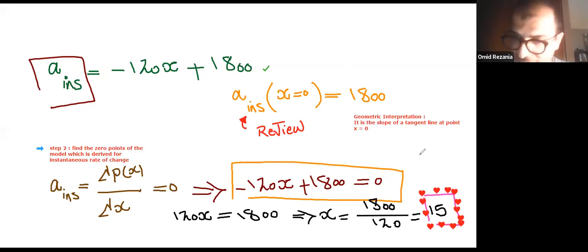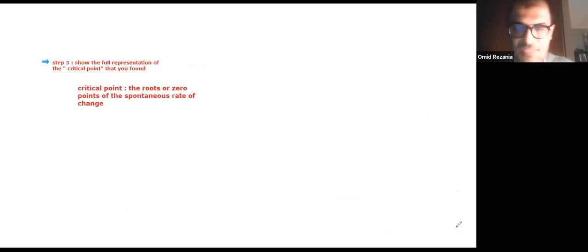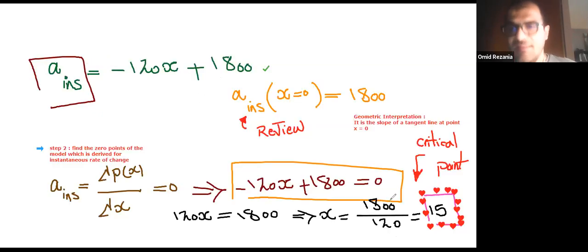This point that we draw, it's 15, which we call the critical point. What is a critical point? The critical point essentially is a point that is a root of your instantaneous rate of change and makes the instantaneous rate of change 0. That's the x that we found. We call that the critical point.